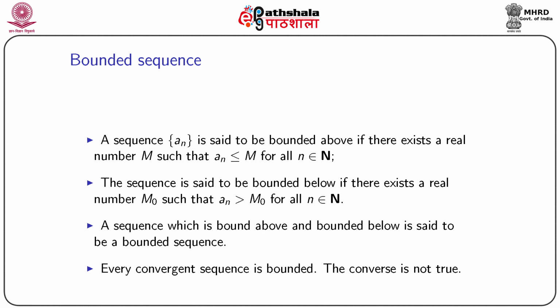So a sequence where all elements are less than some number is called bounded above, and if all the members are greater than some number, then we call the sequence bounded below. A sequence which is bounded above and bounded below is said to be a bounded sequence. Then we have one important theorem: every convergent sequence is bounded, but the converse may not be true.